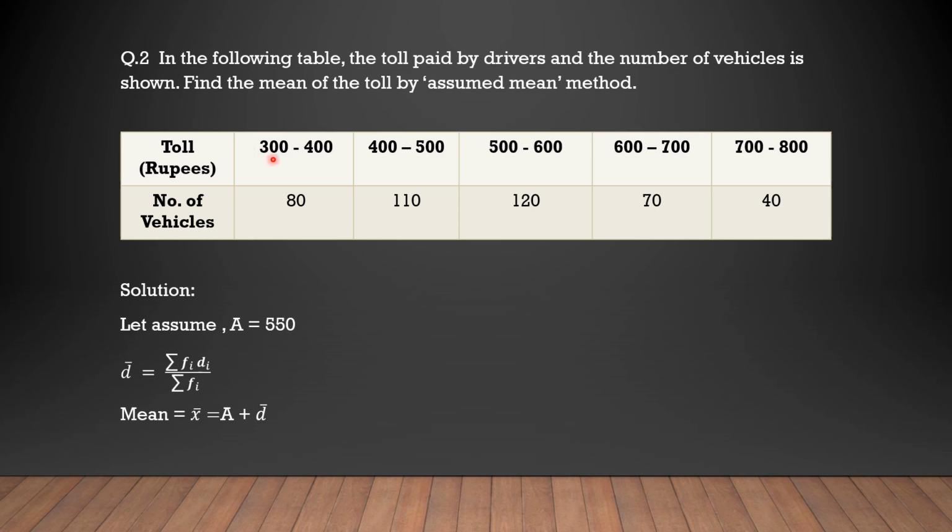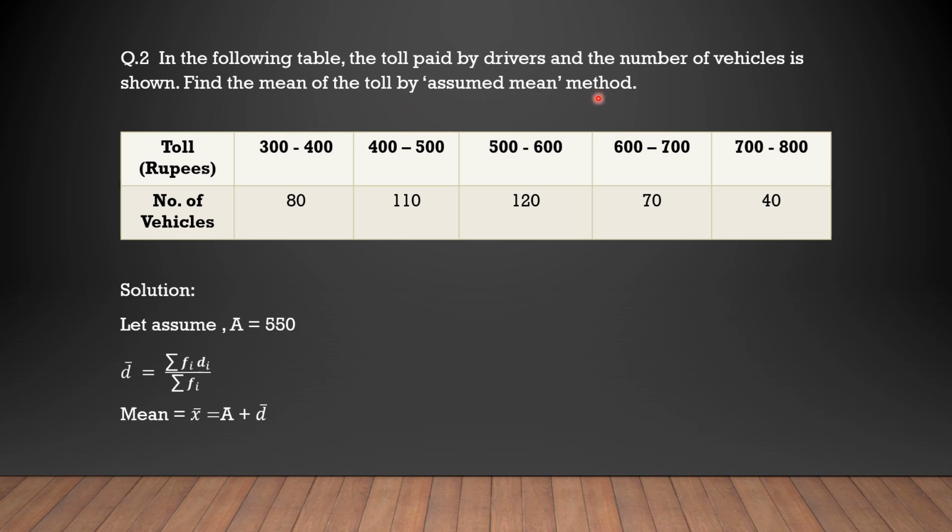When toll is 300 to 400, then number of vehicles is 80. When toll is between 400 to 500, number of vehicles is 110, like this. So this is the information which is given and we have to find the mean using the assumed mean method.